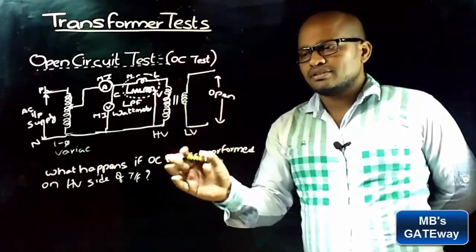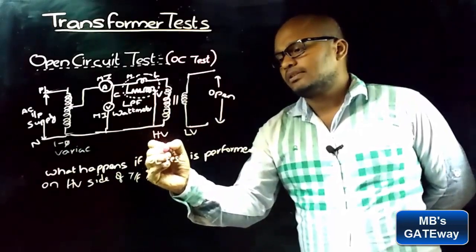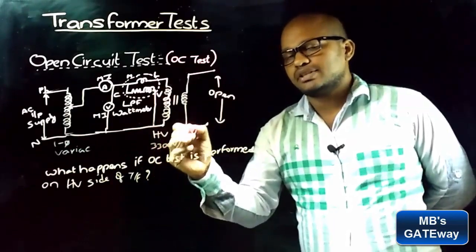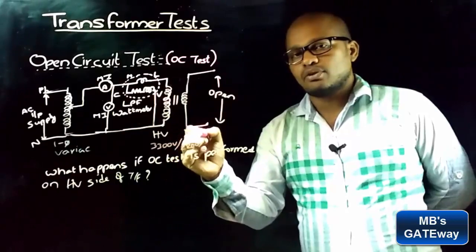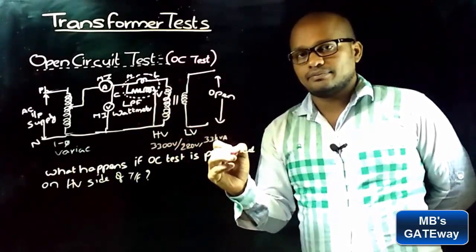To understand this, let's take an example. Let the HV side of the winding be 3300 volts and the LV side of the winding be 220 volts and the transformer rating be 33 kVA.